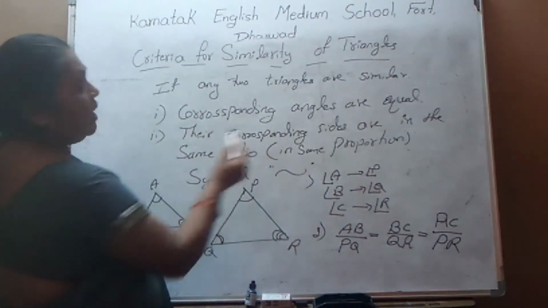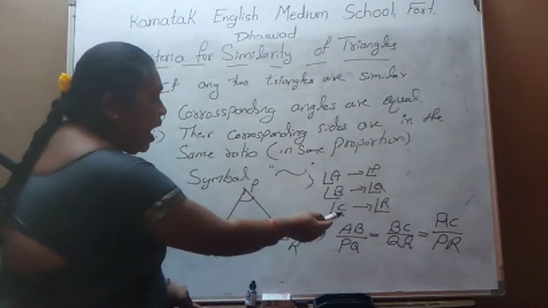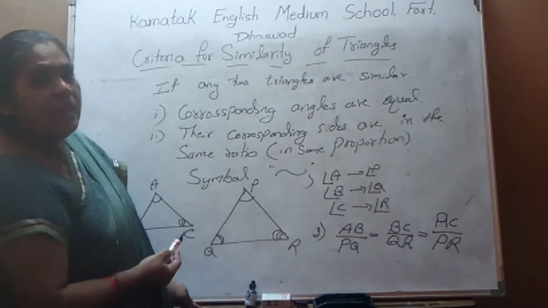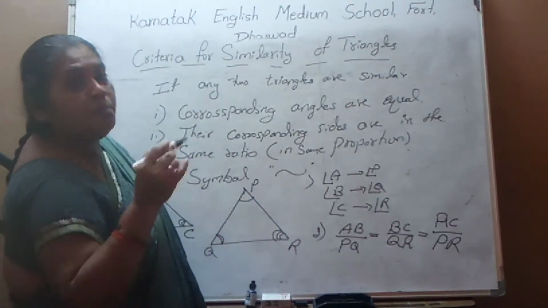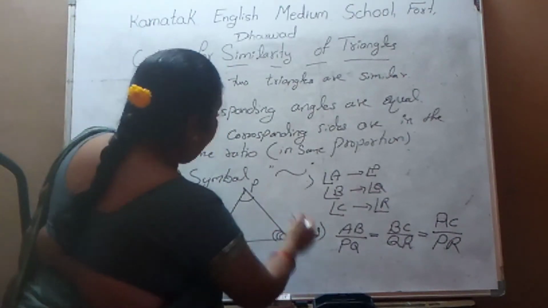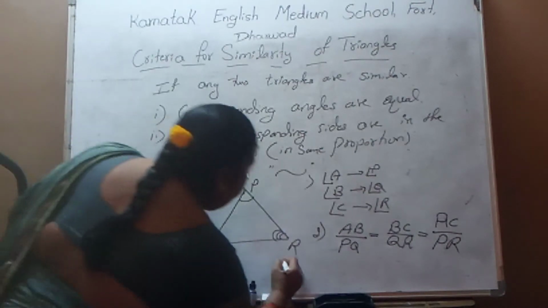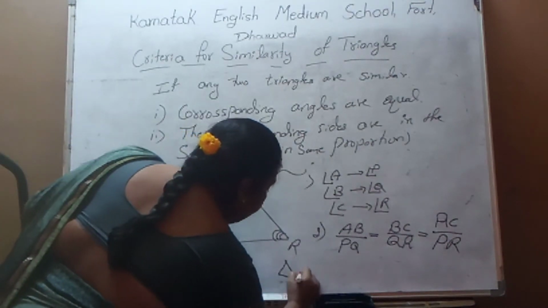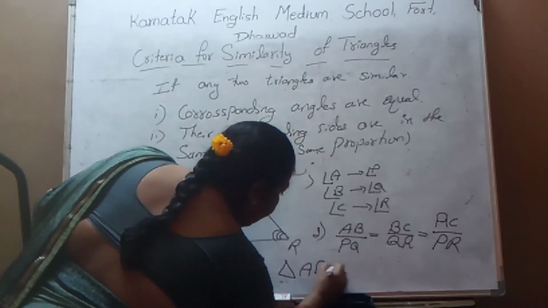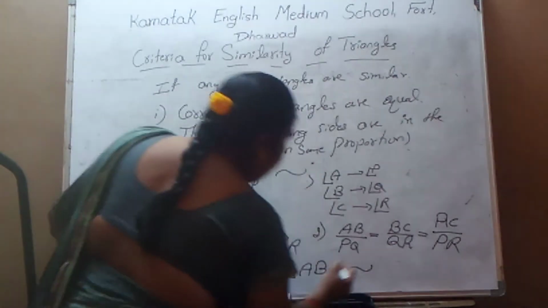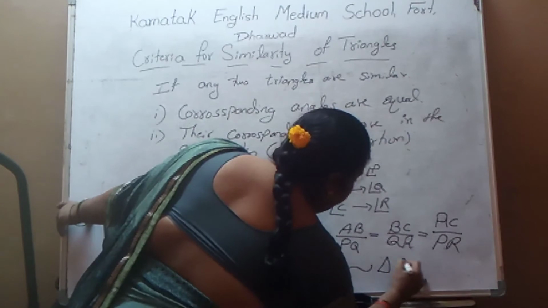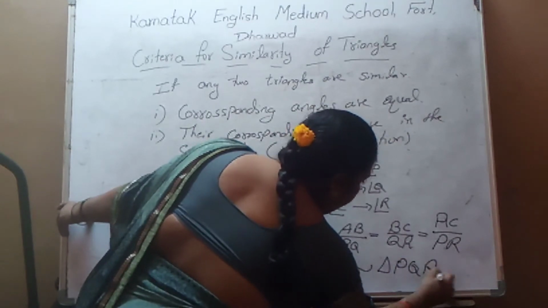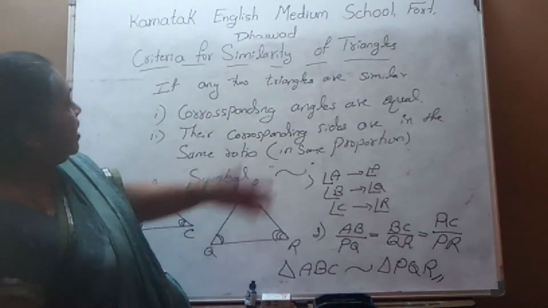If in any two triangles corresponding angles are equal, then their corresponding sides are in proportion. So how to write this symbolically? Triangle ABC is similar to triangle PQR.